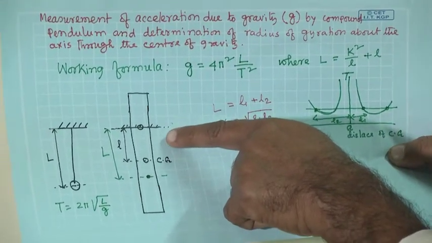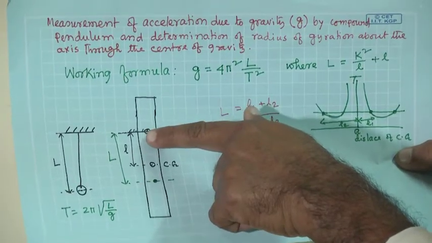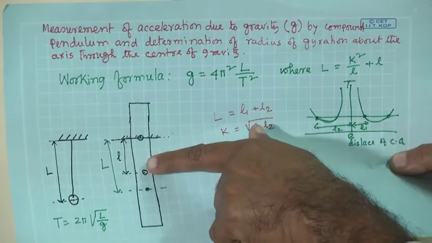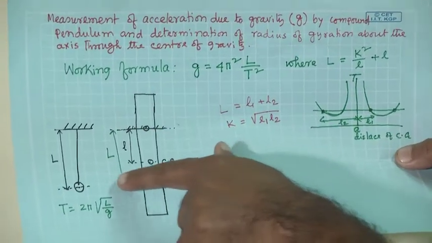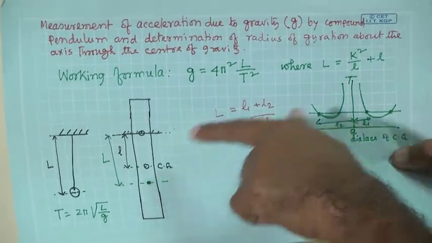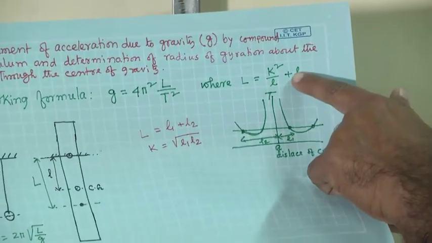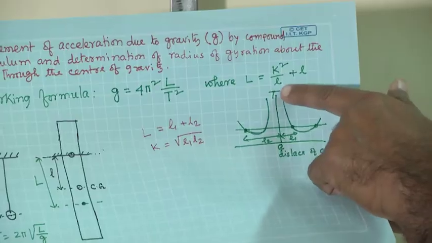So, this effective length L is not the length of the center of mass; here this length L is basically L plus k square by L.